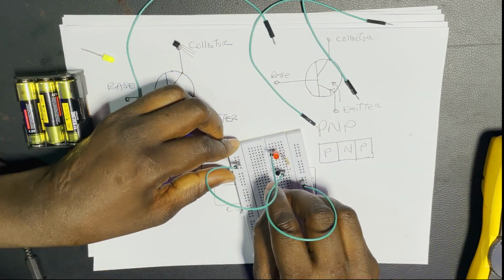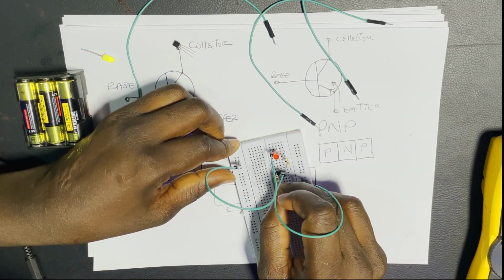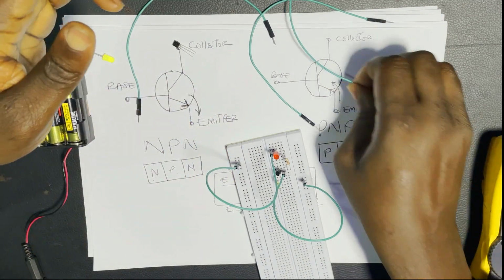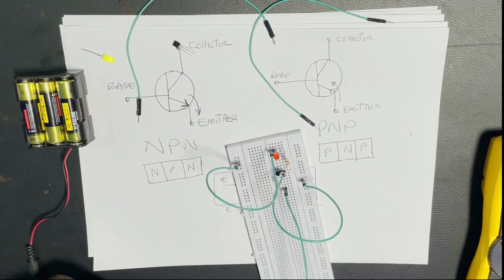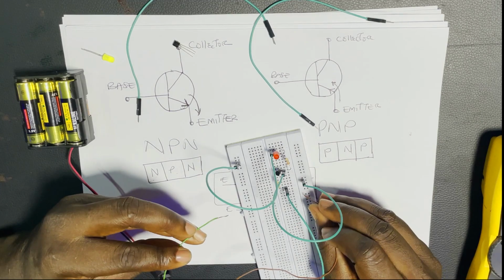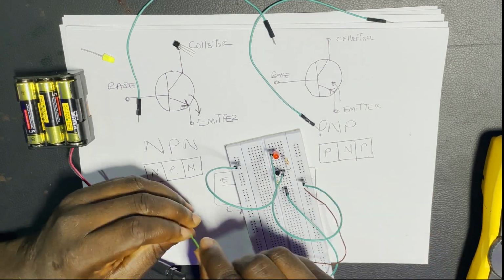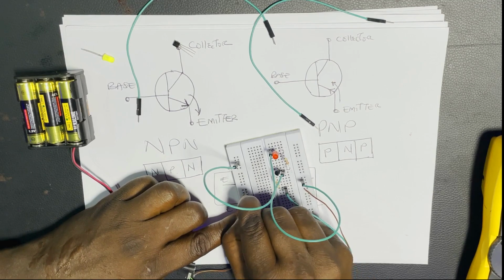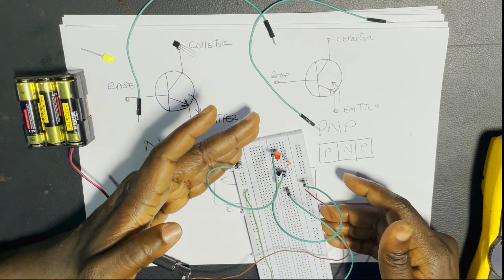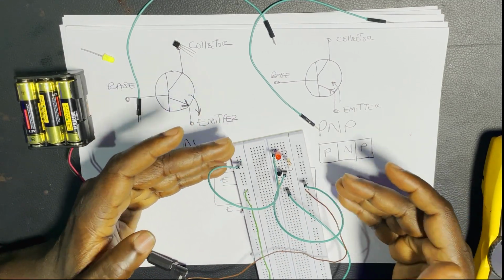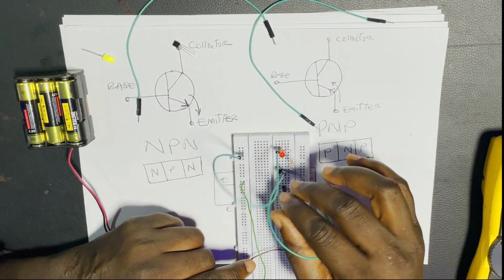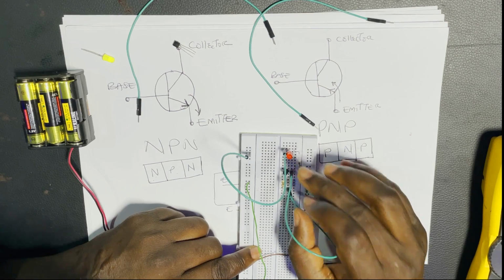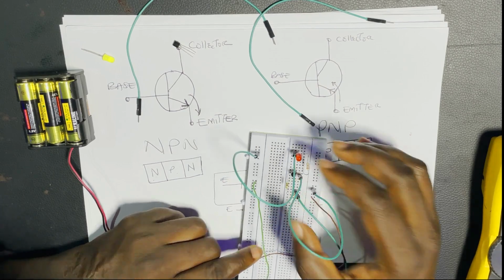We connect it from the base, and then we use a jumper wire to test. Let's connect our power supply. This is the negative side of our power supply, and this is the positive side. It is advisable that you double check to make sure that there is no mistake.